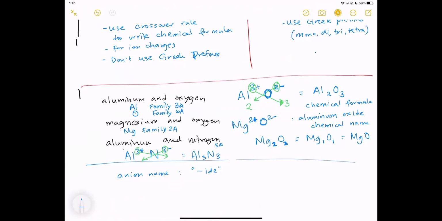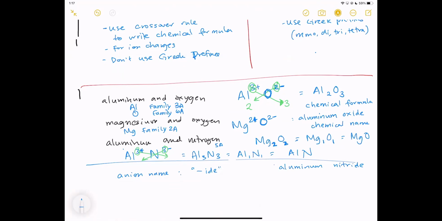What are you going to do with that? You can reduce that down, divide both of those by 3, and you have Al1N1. That would just be AlN for the chemical formula. The chemical name of this would be just aluminum nitride.